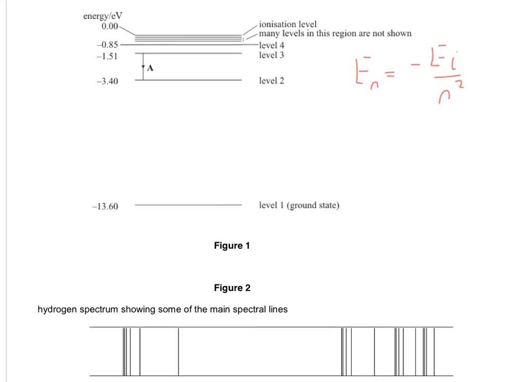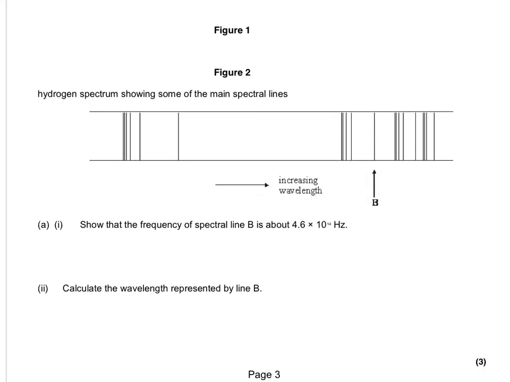What we know is the photon energy, so hf is equal to that energy transition, and we know by now that it will be the final state minus the initial state, and that number will indicate to you the amount of energy that the atom has lost.